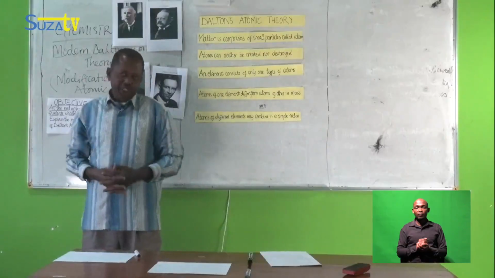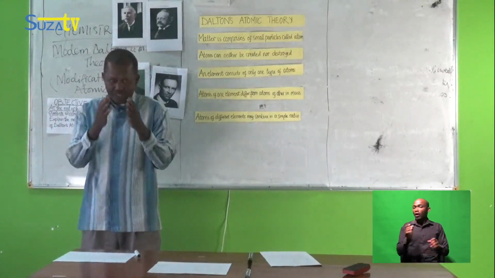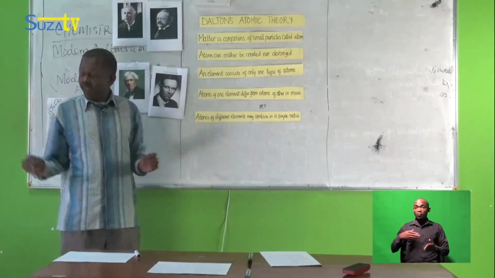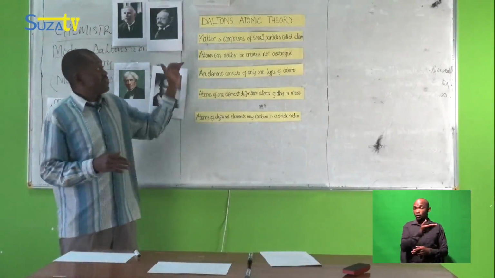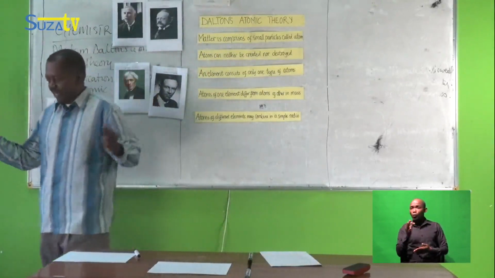I've got some modifications, but I just want to read them. Then you are going to tell me which postulate each modification is related to. I will take them randomly.